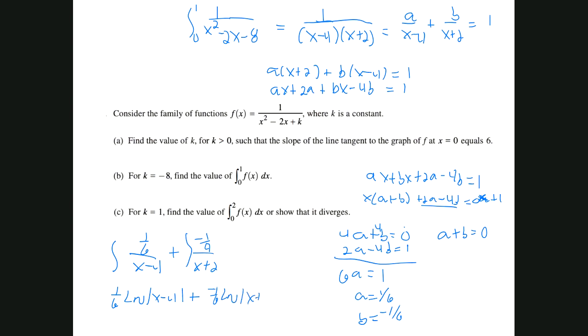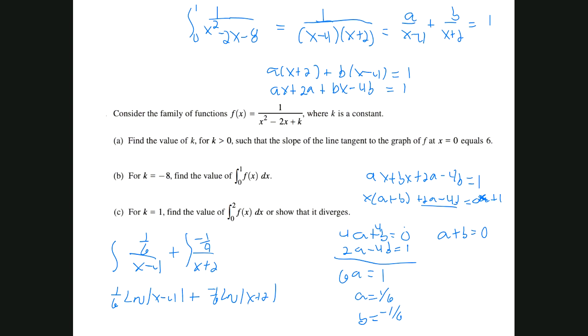Boom. Do you guys remember what that was called, when we split the fraction up like this? No, I totally forgot that. Yeah, when I took a look at this problem, I was sitting there thinking, there's no way I can take the integral of this thing.